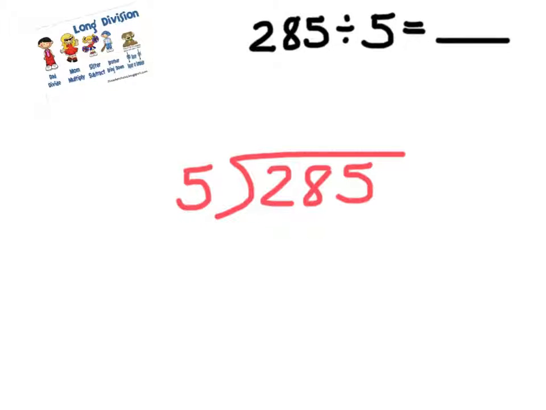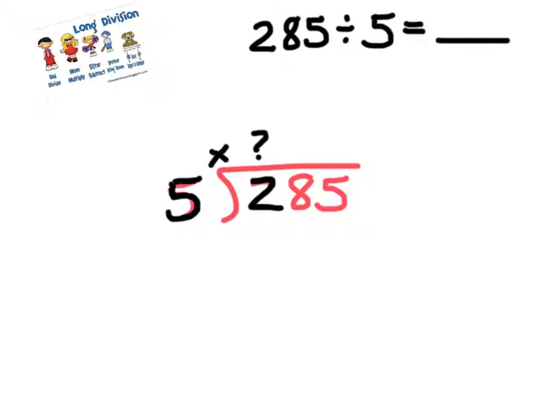In order to do this problem, we want to look at 5 and 2 first. We're asking ourselves, is there anything that we can multiply by 5 to get to 2? We know that since 2 is smaller than 5, we can't multiply anything times 5 to get to 2.